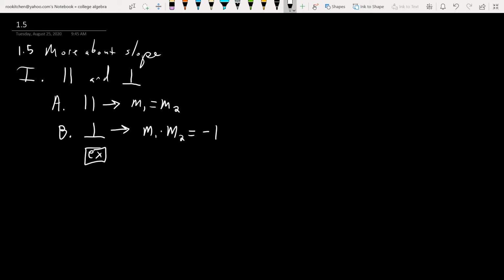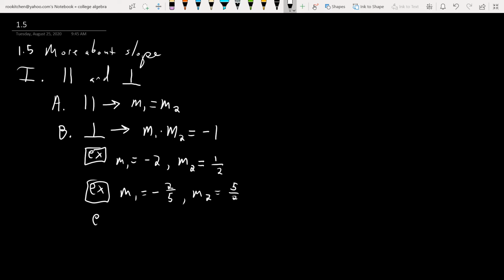But you've probably been introduced to it, like if you have m1 is -2, then to find the slope that's perpendicular to it, what do you do? You take the negative of it and then flip it, right? So you would end up with 1/2. Okay, let's look at maybe one or two more of those. If your first slope is negative 2/5, then the perpendicular slope would be positive 5/2.